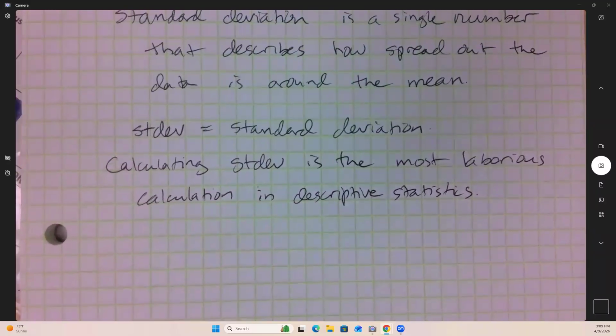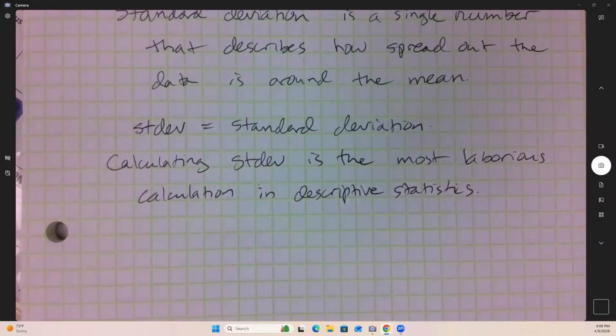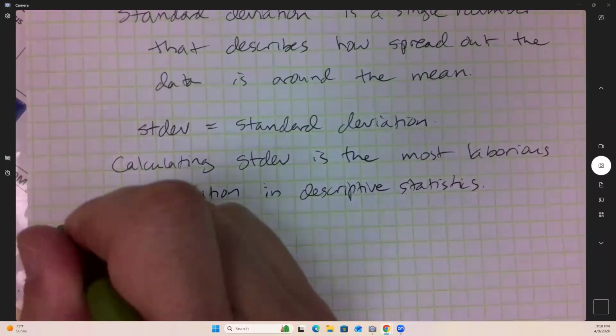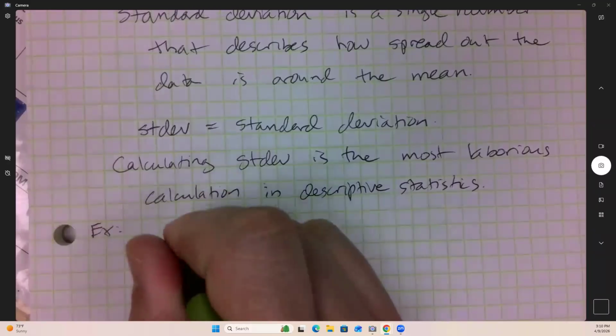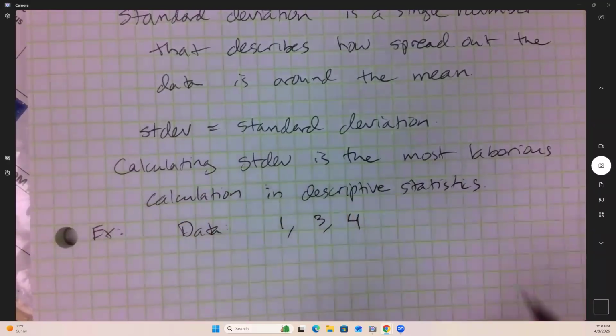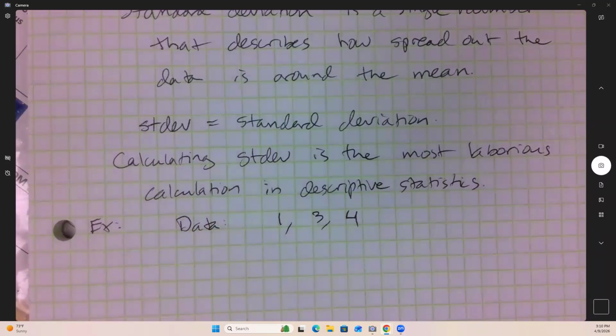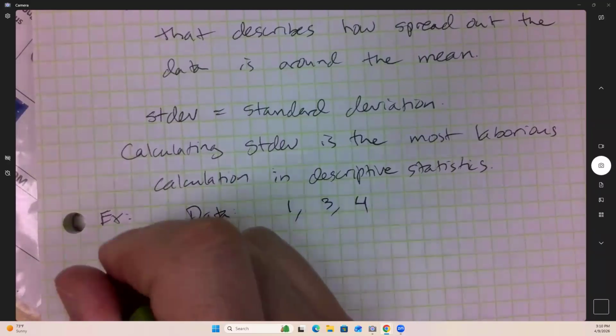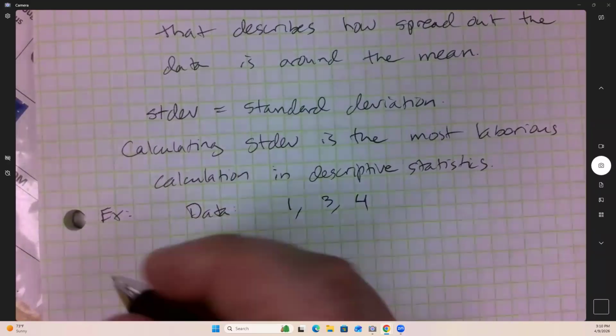We're going to do a really simple data set. Our data is going to be 1, 3, and 4. So here we go for calculating standard deviation.